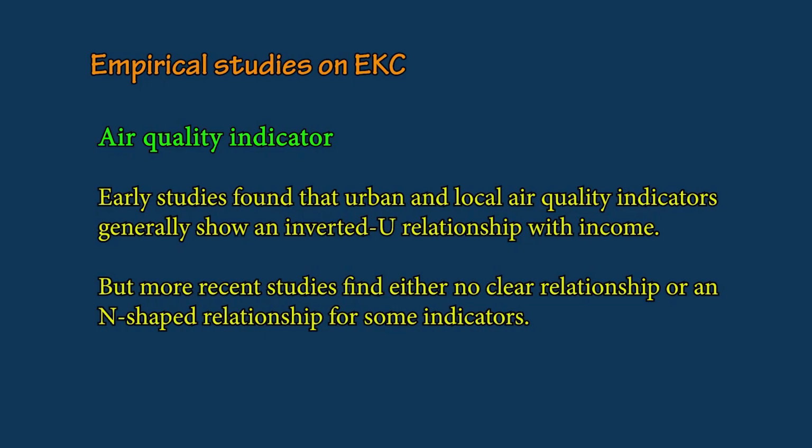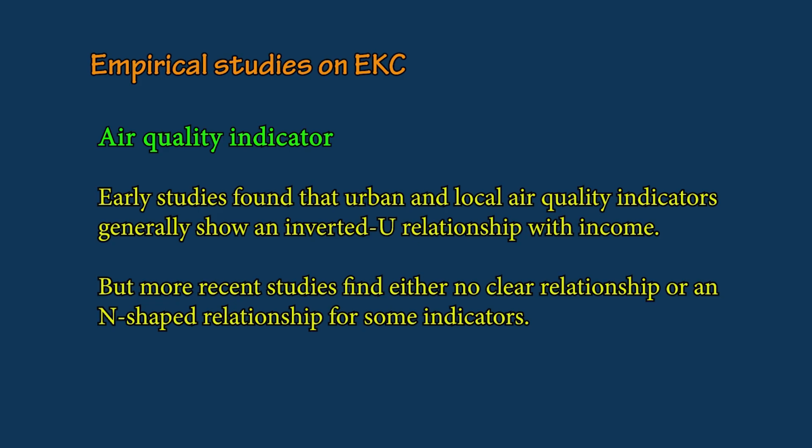So air quality indicator studies have shown that the initial studies on this topic showed that the inverted U-shaped relationship is true for some urban and local air quality indicators, but later studies have found that there is no particular relationship between these indicators and economic growth.